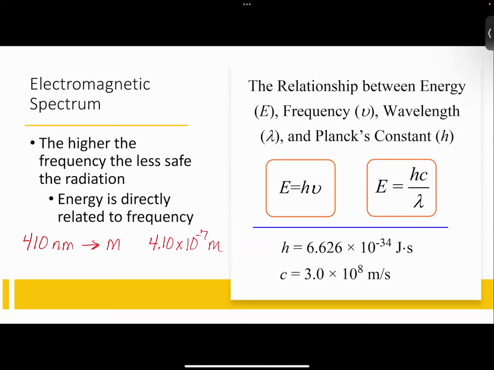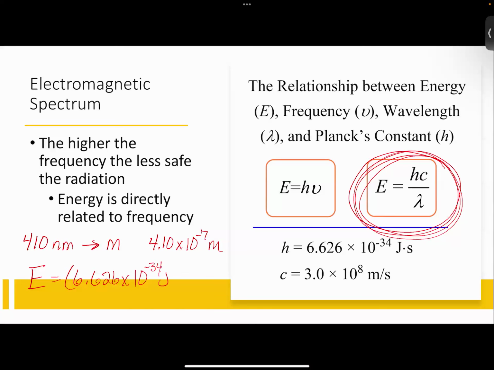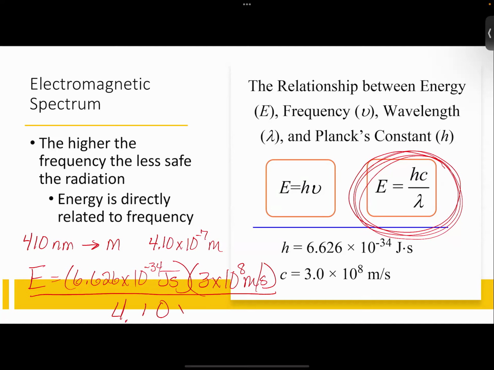Step number 2 was to use this equation to calculate the energy. So you would have had energy is equal to 6.626 times 10 to the minus 34 joule seconds times 3 times 10 to the 8 meters per second, divided by your 4.10 times 10 to the minus 7 meters.